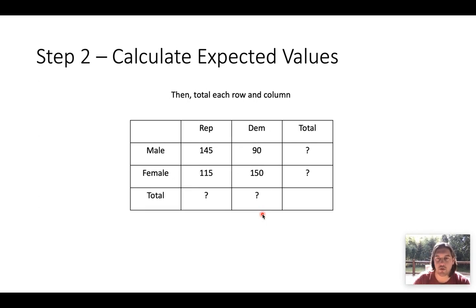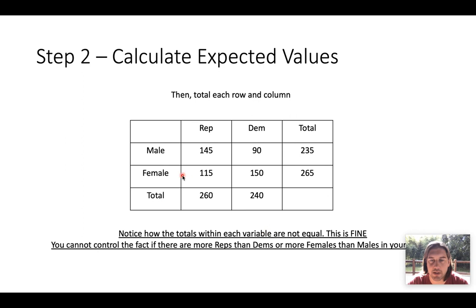So the first thing we do is we want to have a column to total our first variable, gender, and then we want to have a row that will total our second variable, voting or political party. So basically, we just add across and we add down.